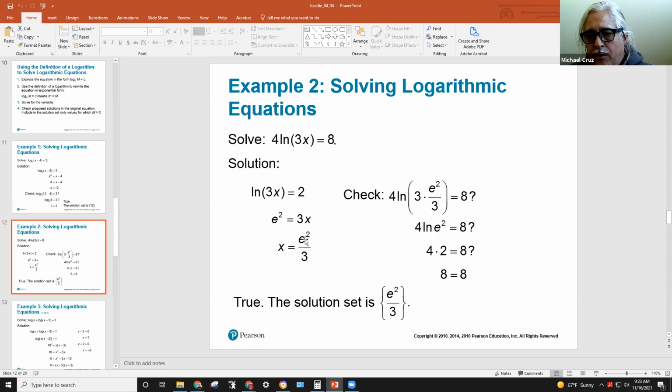And that's e squared divided by 3. All right, and that's an exact value, but they put it in here and it works out just fine. I'm going to check it. Any questions about that one?